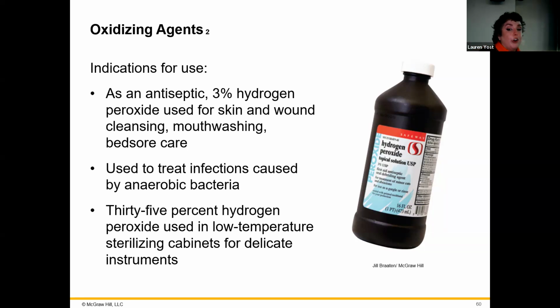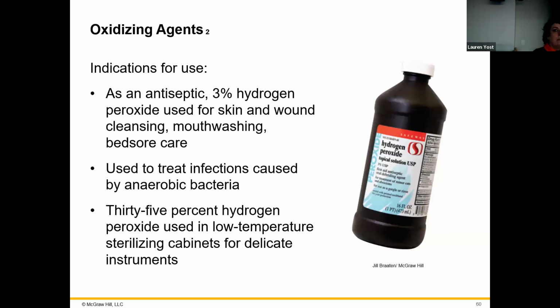If you can get up to 35%, I don't know why it's written out as 35 and not just the number 35, but whatever. 35% concentration of hydrogen peroxide can be used for sterilizing. And we can actually vaporize it. We could fill this whole room with 35% hydrogen peroxide vapor and sterilize everything in the room all at once. And a situation like that would be called a chemiclave.